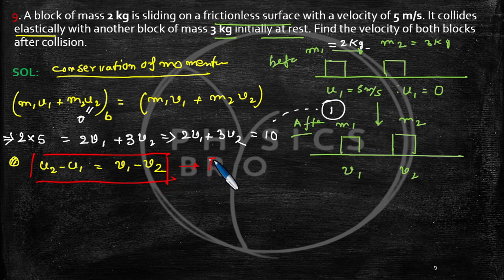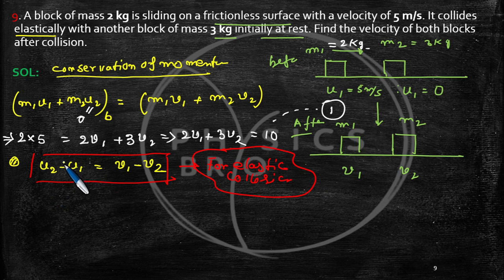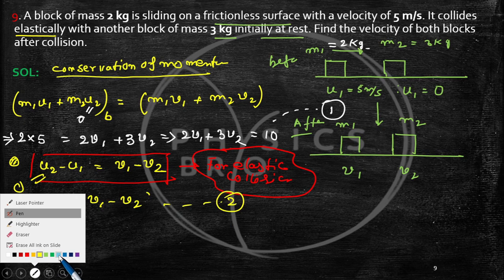I am writing it here for elastic collision. It works only for elastic collisions, not other collisions. Now u2 is still 0, and u1 is 5, so minus 5 equals v1 minus v2, and this is another equation. We have to solve these equations and we will get the answer.